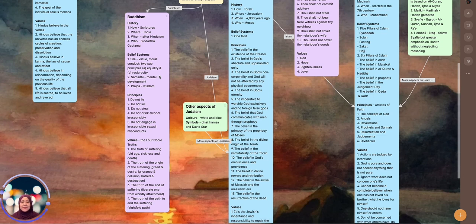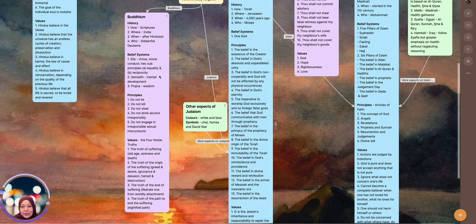Basically for Buddhists, they have this mutual respect between and amongst each other. That is reciprocity. And equality means that if you do this, you must also treat others the same way, the principle of equality. The second sequence is Samadhi, which is mental development.